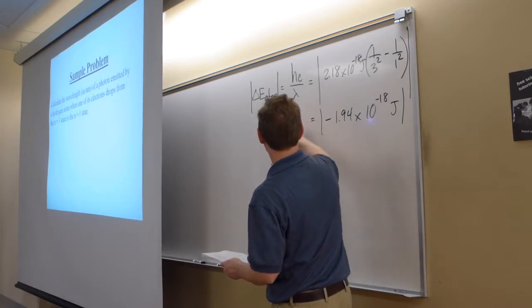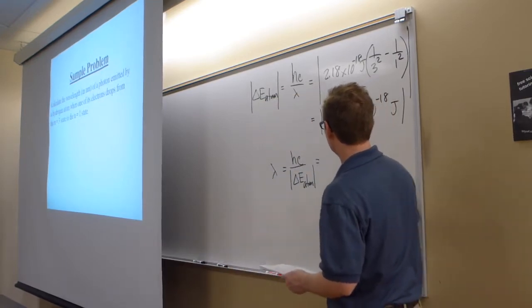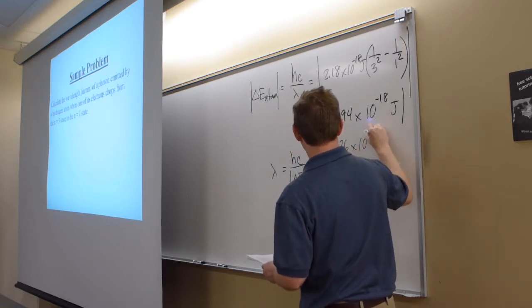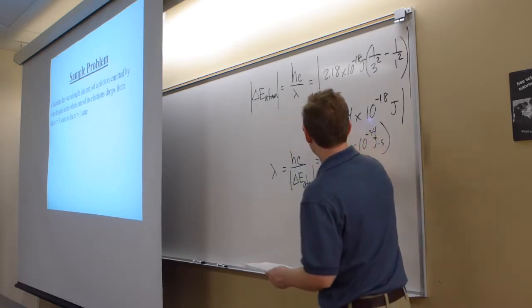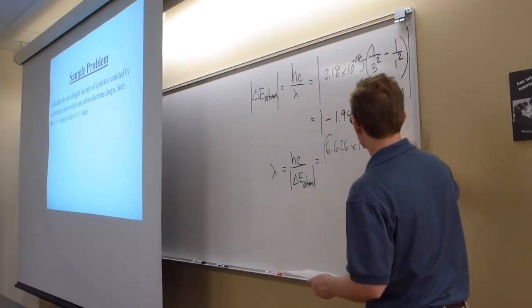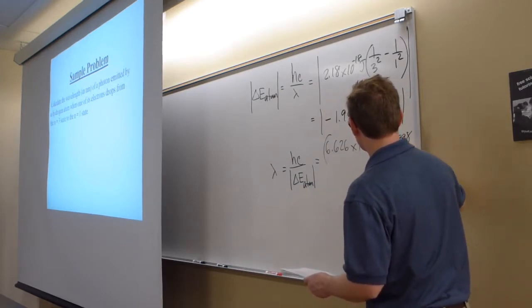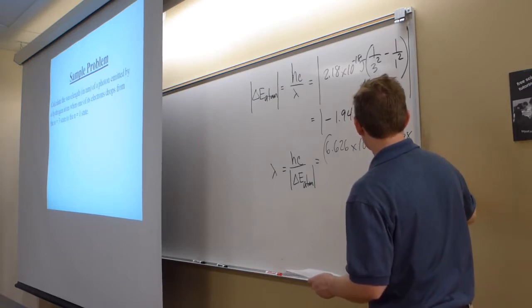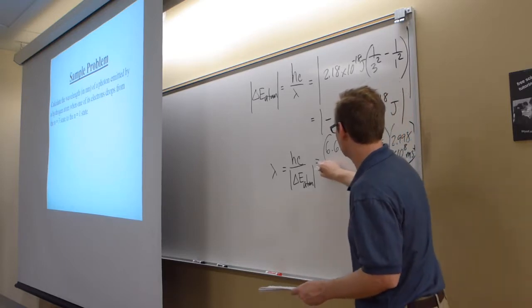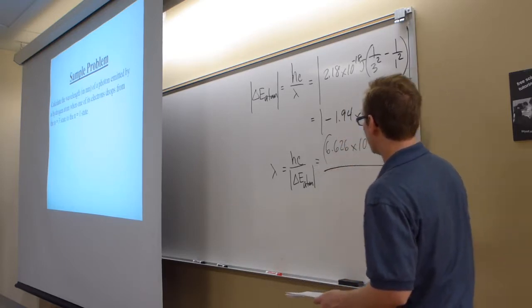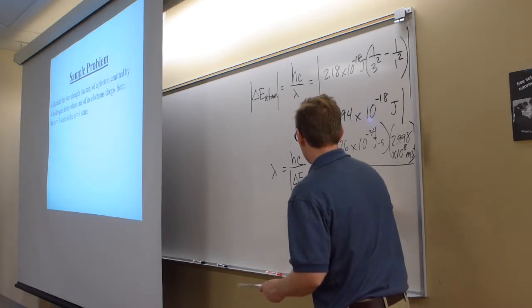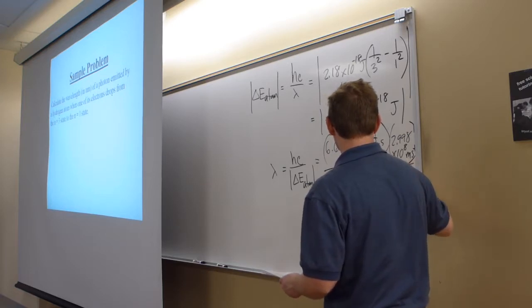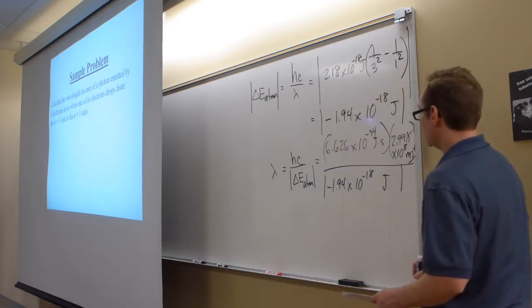Let me just erase this arrow. So it's going to be 6.626 times the speed of light, 2.998 times 10 to the 8th meters per second. And you divide all of that by the absolute value of negative 1.94 times 10 to the minus 18th joules. Let's look at what cancels here.